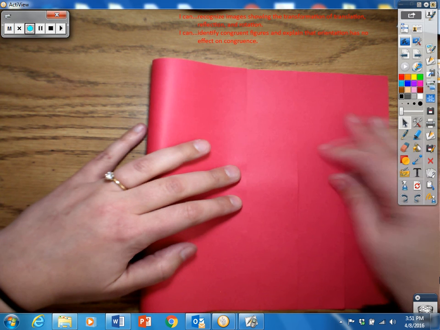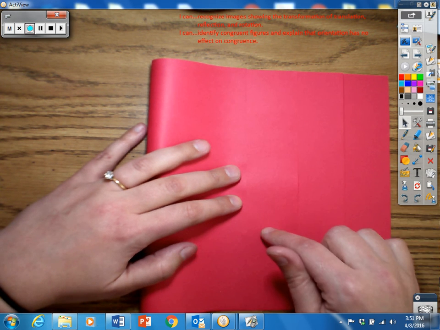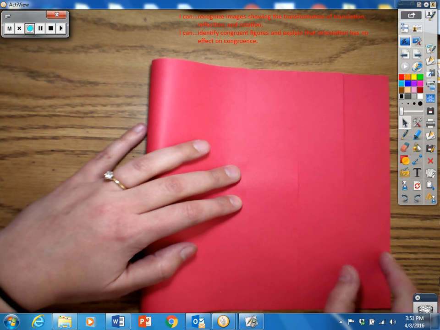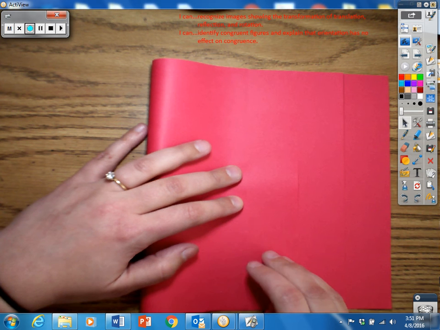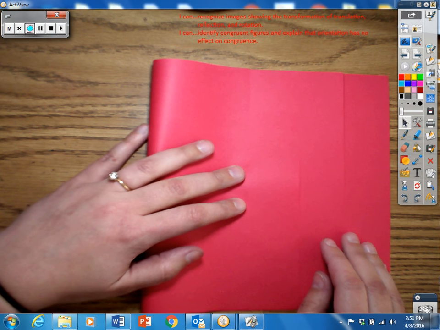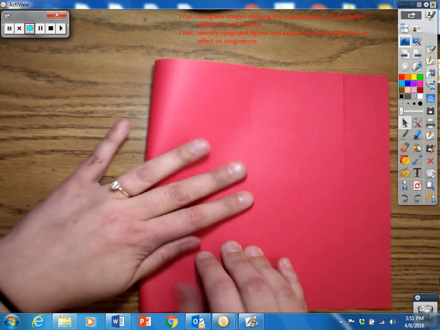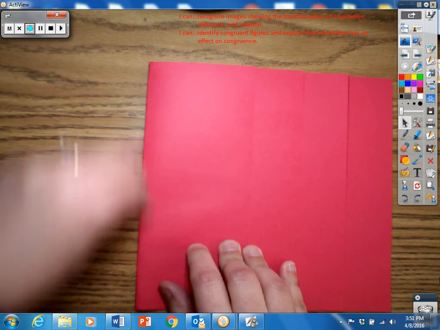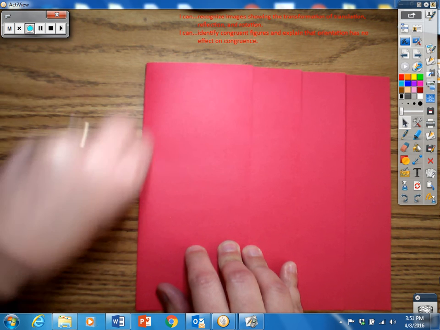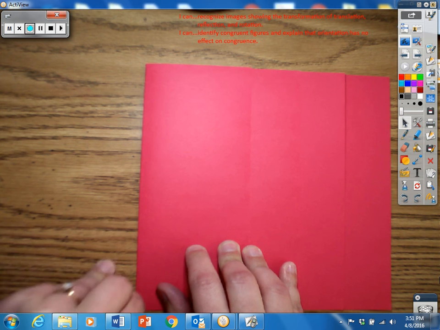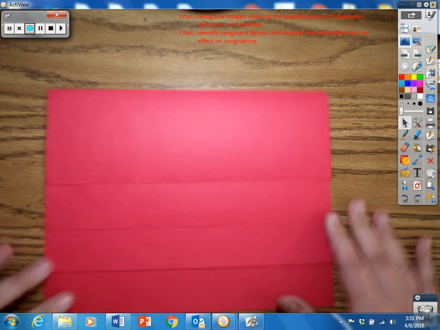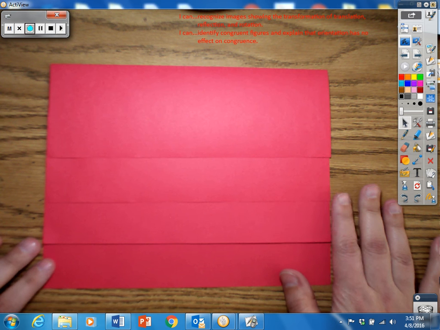So all of your spots are about the same width. And crease. And you're going to want to crease really well. Okay. And now we've got a waterfall foldable.